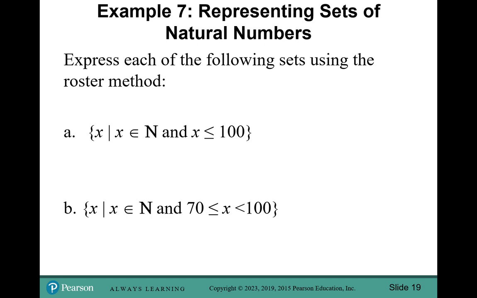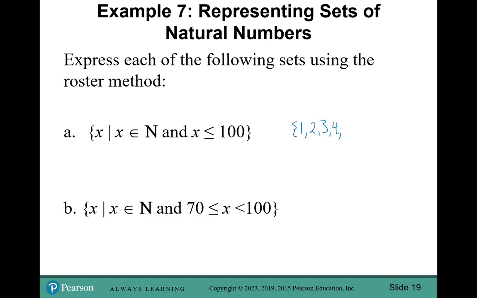We've got x, such that x is an element of the natural numbers, and x is less than or equal to 100. Now, if I look at the solution here, and I do this in the roster method, if it's less than or equal to 100, I'm going to start with my smallest element, which is 1, and I'm going to work my way up.